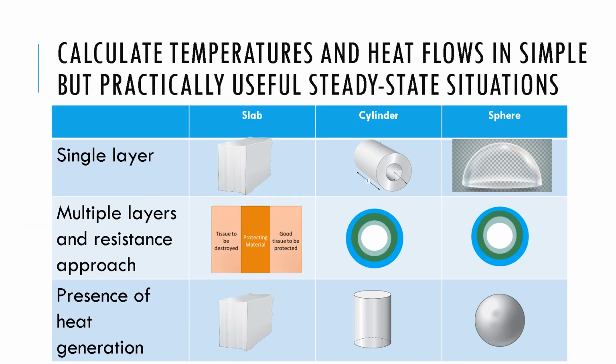Okay, so in this chapter we are going to talk about a number of different combinations. First of all, we'll talk about heat transfer through single layers, like the slab is a layer, and the cylinder, heat transfer through the cylinder, and likewise for sphere.